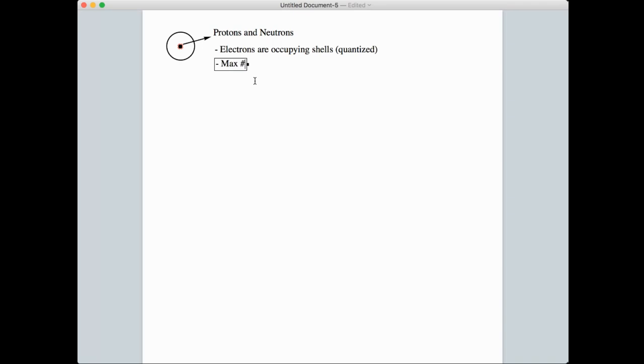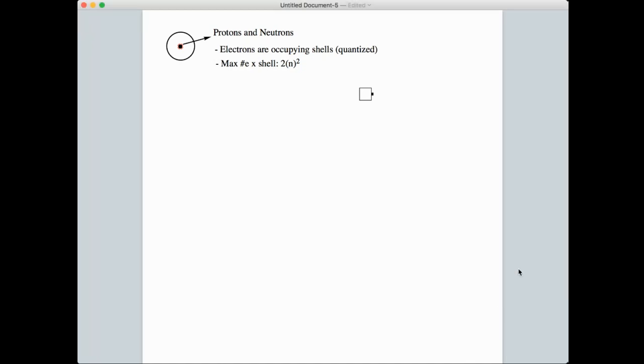Anybody remember what's the formula for that? How did we calculate? Okay, 2n squared. Thank you for that. That's beautiful. So based on that, how many electrons can be found in the first shell? 2 electrons, that's good.